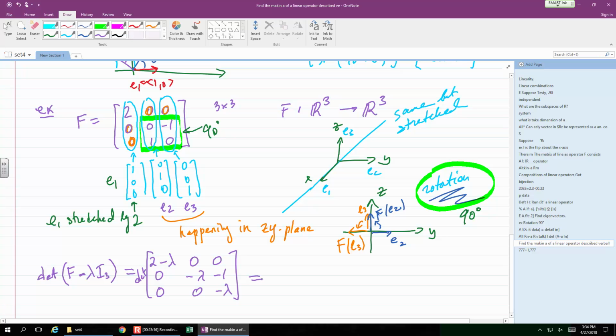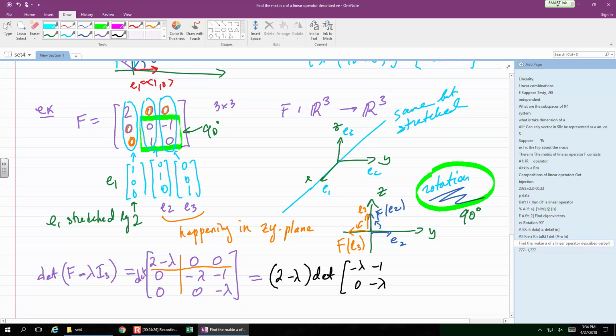Remember how we computed determinants. It's in 3 by 3. It's pretty large, but because of so many zeros, our decomposition is still valid, so that it makes our life easier. Out of those, remember, 3 determinants, we only need 1, and that's the 1. So long story short, it will be 2 minus lambda times the determinant of the matrix that we have left, minus lambda, minus 1, 1, minus lambda.